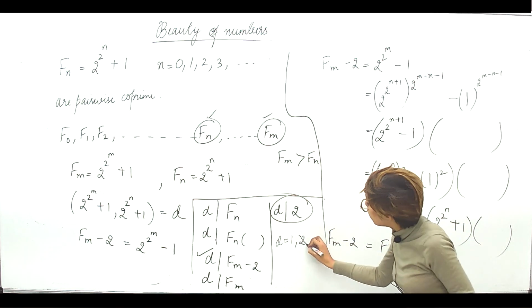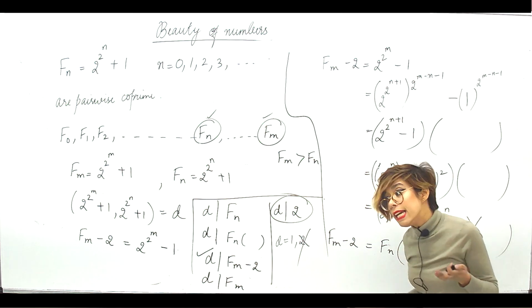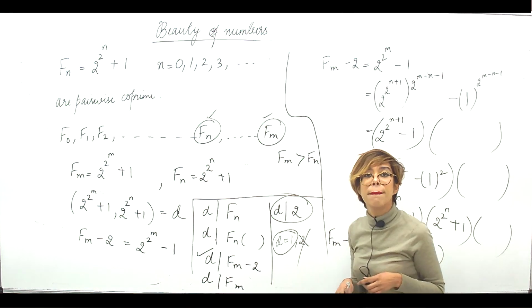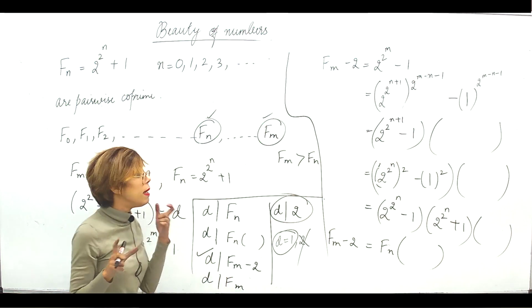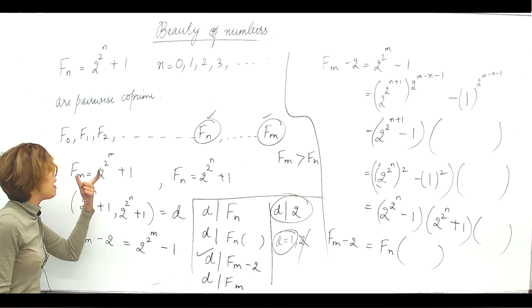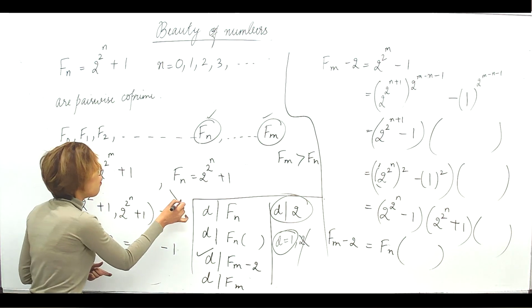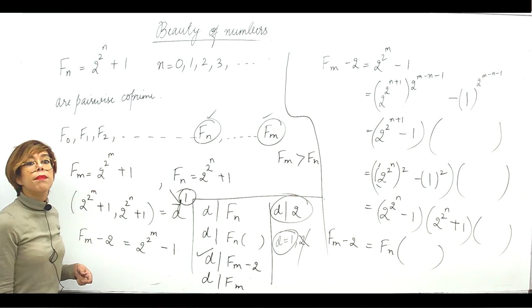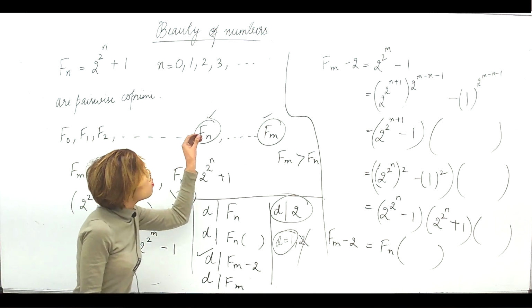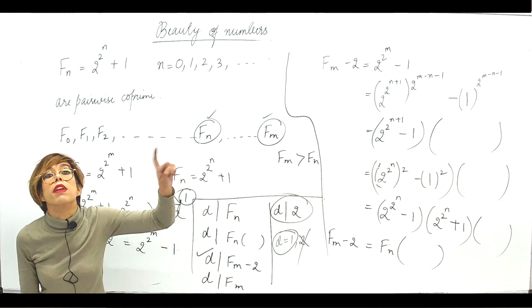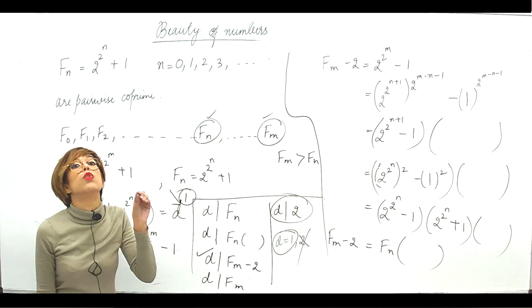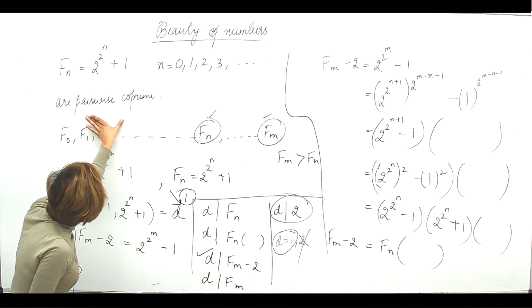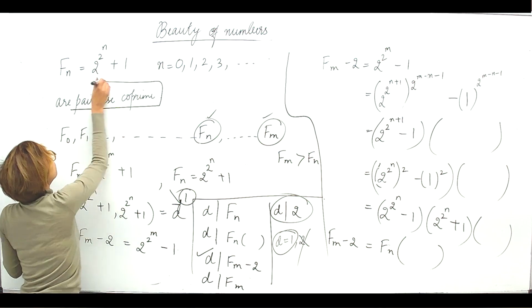So D cannot be even. So D has to be 1. Greatest common divisor of Fn and Fn turns out to be 1. Right? If you take out any two arbitrary elements, their GCD is 1. That means those elements are pairwise co-prime to each other.